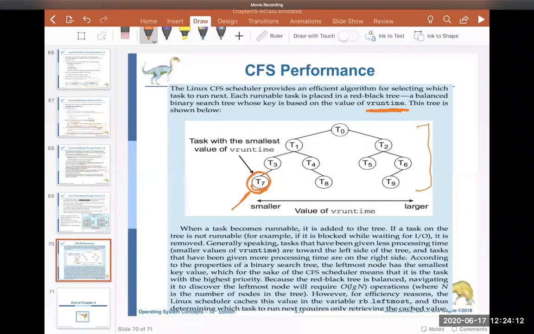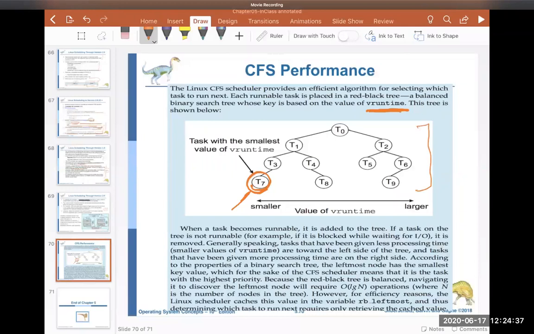So this completes scheduling, where we discussed a few scheduling algorithms, including normal task scheduling. Then we discussed real-time scheduling, two very important real-time scheduling algorithms, RM and EDF. EDF is a dynamic priority scheduling algorithm.